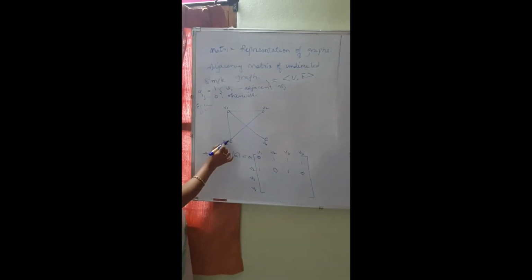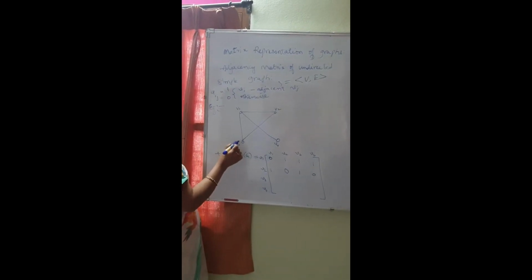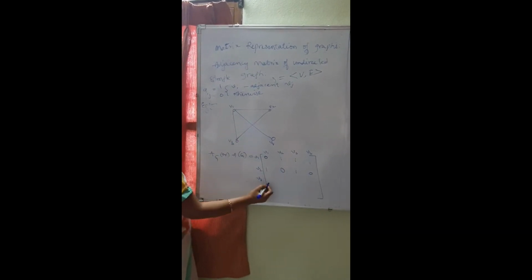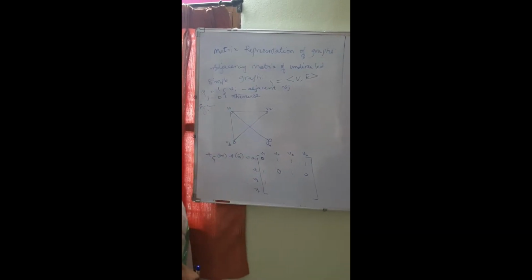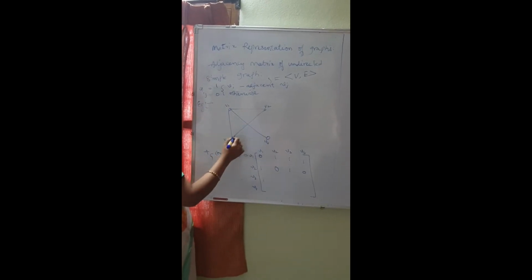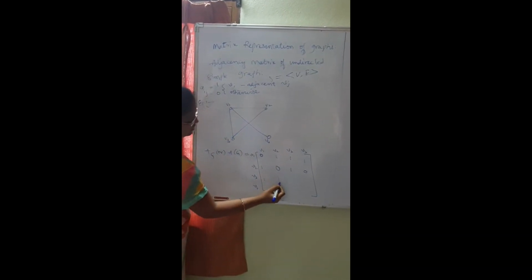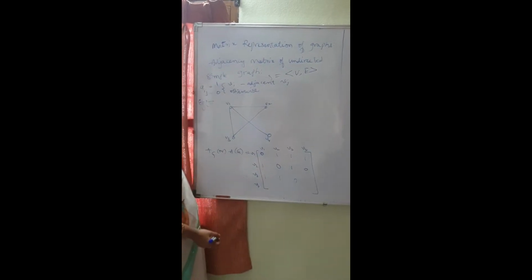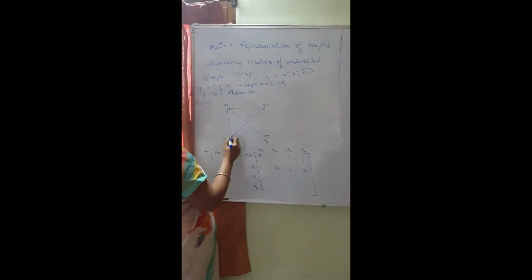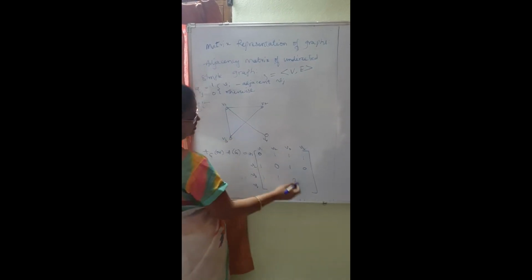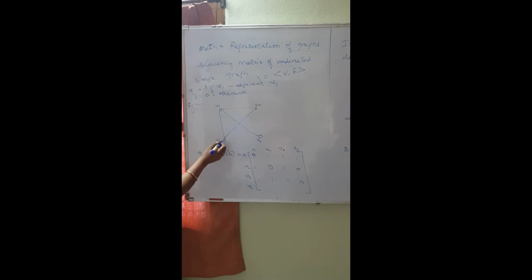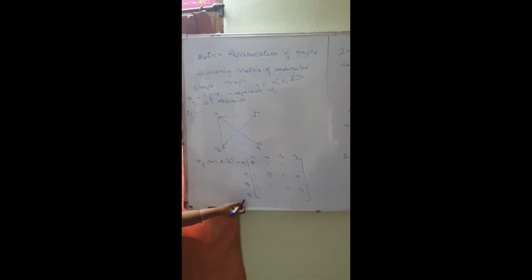Next we consider the vertex V3. Again, V3 to V1 we have an edge, therefore we give the value 1. V3 to V2 we have an edge, therefore the value is 1. V3 to V3 no edge, therefore 0. V3 to V4 we do not have any edge in this graph, therefore the element is 0. In the last row we consider the vertex V4.